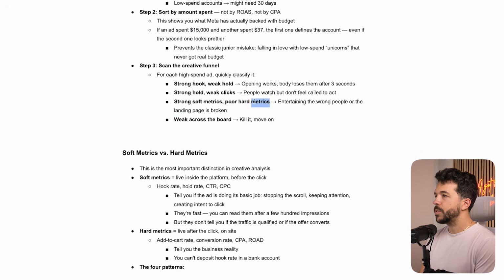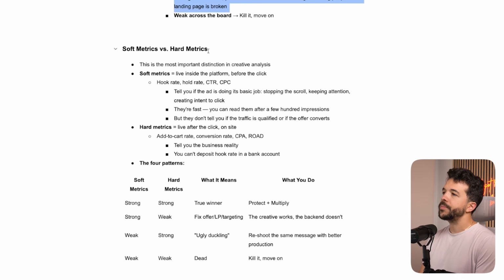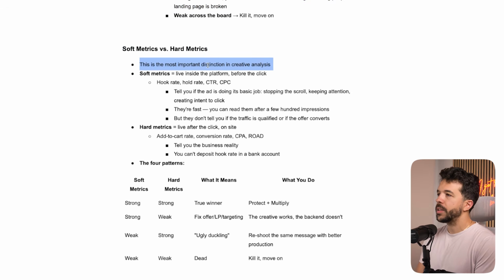Now, here I talked about soft metrics and hard metrics. What are they? This is probably one of the most important distinctions in creative analysis. Soft metrics are basically all of the metrics that live inside the advertising platform, so everything that happens before the click. You have the hook rate, the hold rate, the CTR, the CPC.